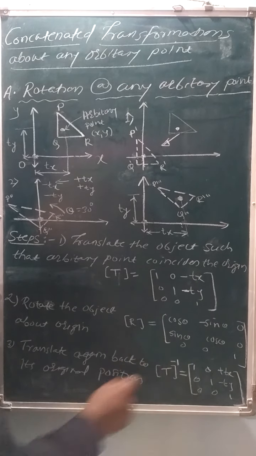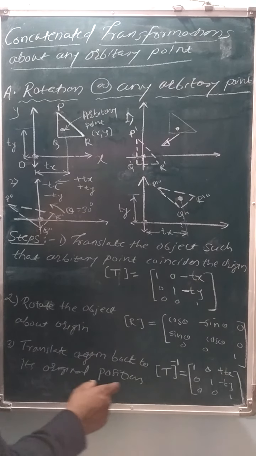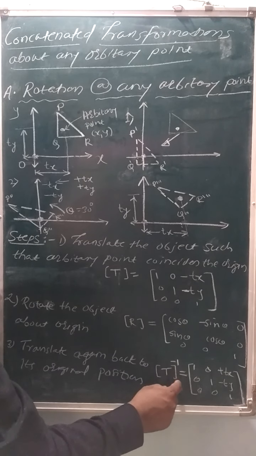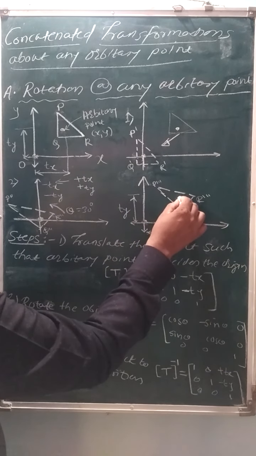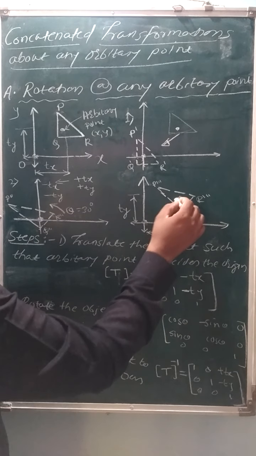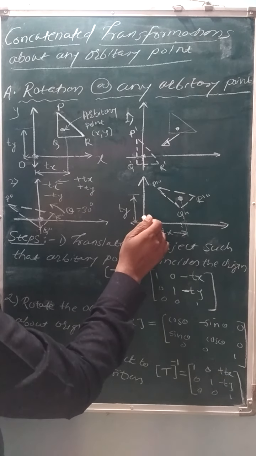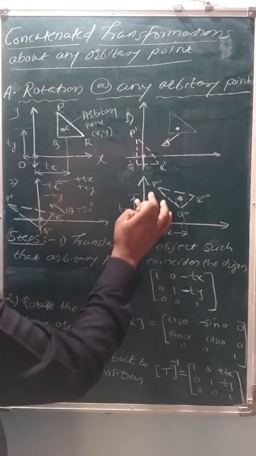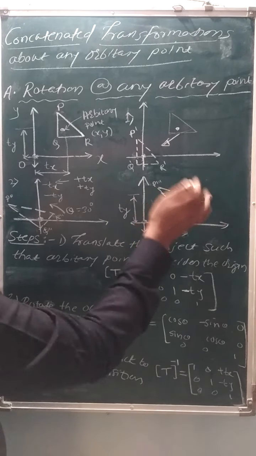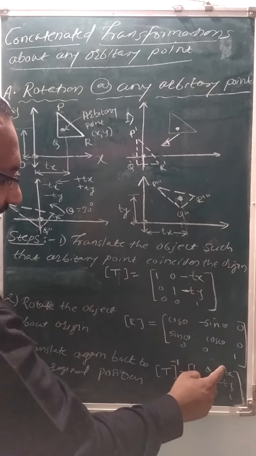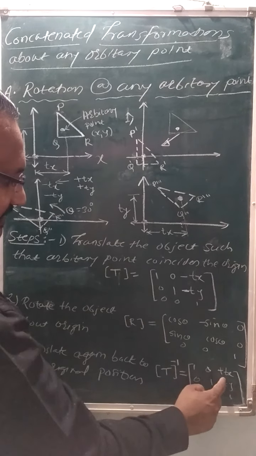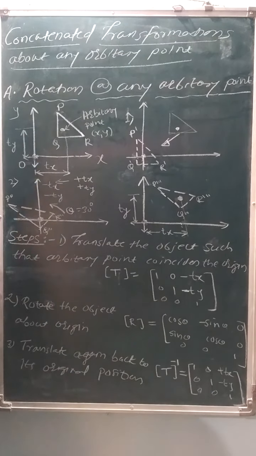Then rotation at a given angle. Then this will be the inverse transformation or inverse translation, means we have to retranslate the arbitrary point, and thereby the entire diagram, to its original position. So the matrix we will get is 1 0 tx, 0 1 ty, and 0 0 1.